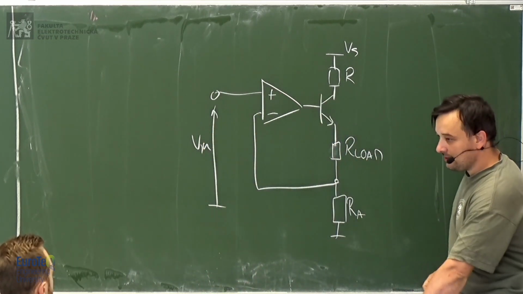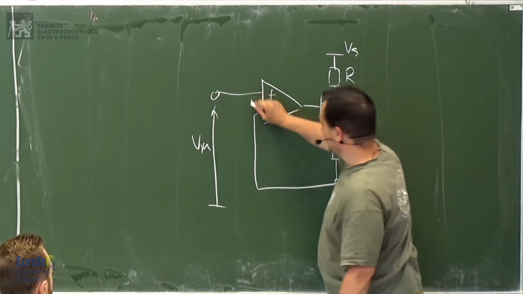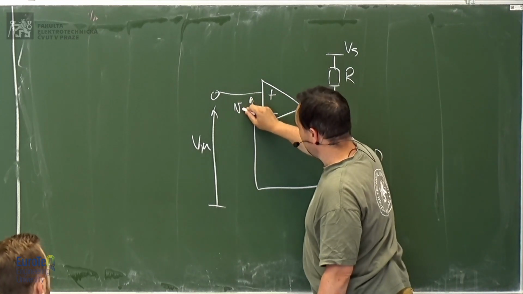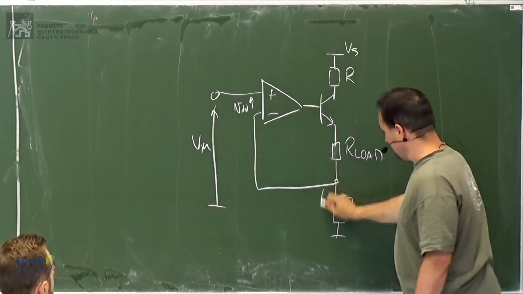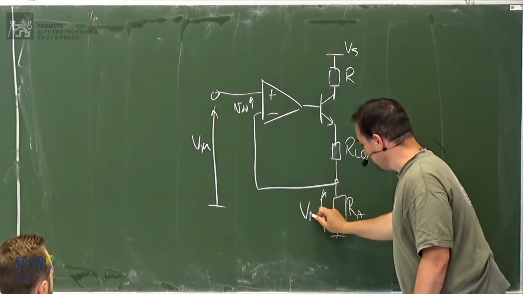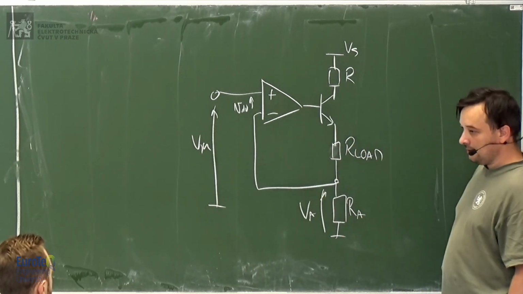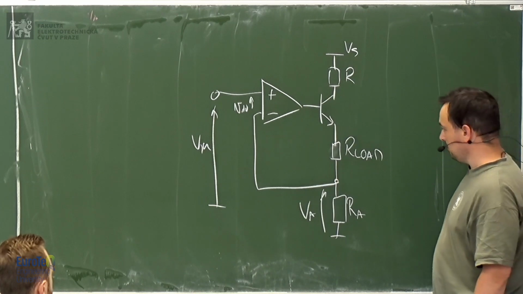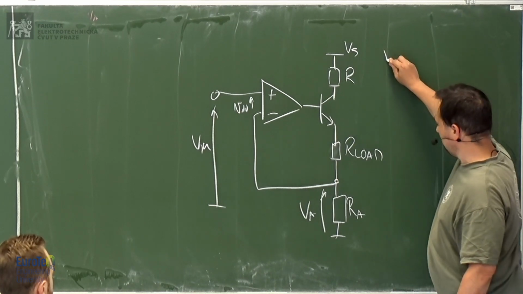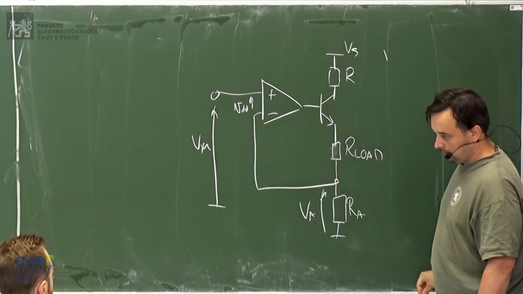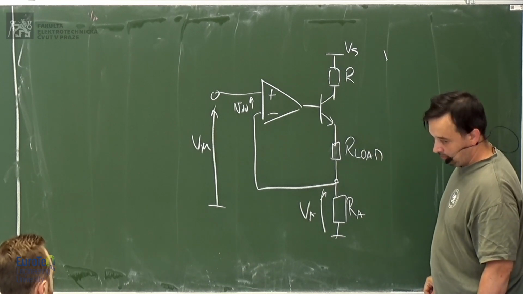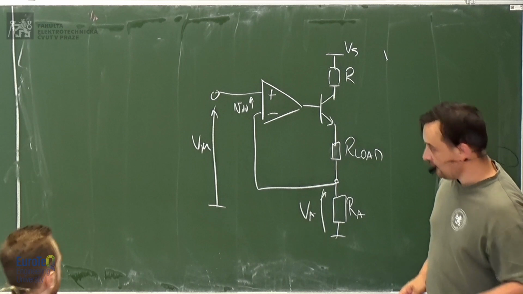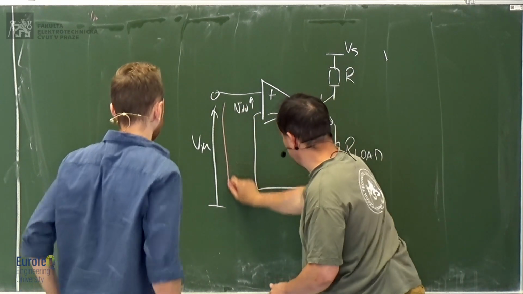Now, again, let's apply the same rules. So we know that the voltage here is 0. So VD is 0. So what is the voltage on the resistance RA? Kirchhoff to this loop.